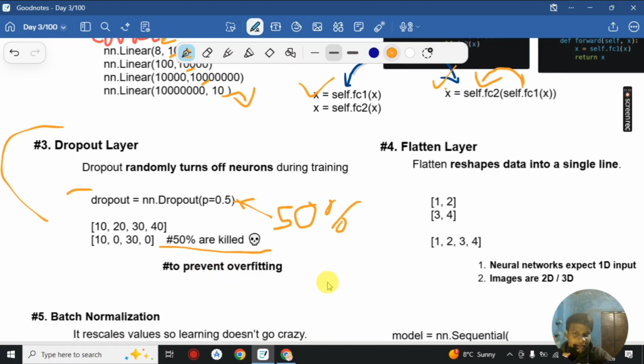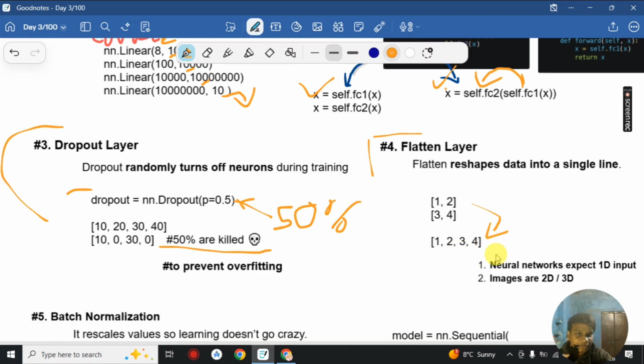Rather than relying on a single neuron to learn. Now next comes the flatten layer. This basically converts data into a single line. Nothing much. Like we have here a 2x2 matrix, the flatten stacks it into a single dimension.